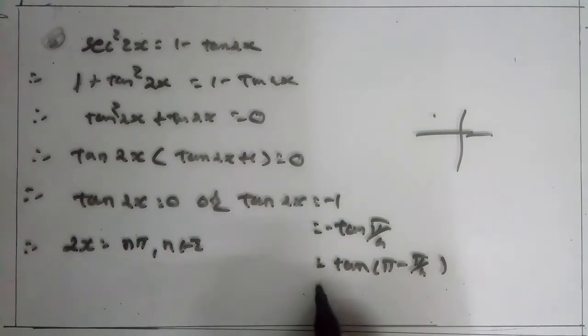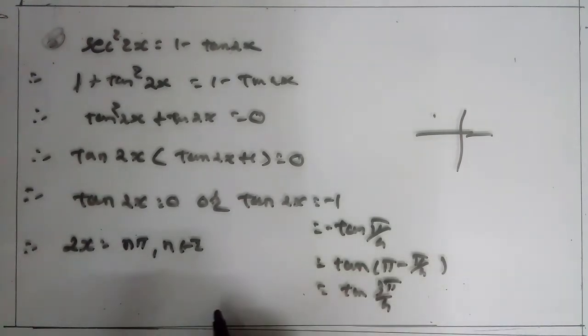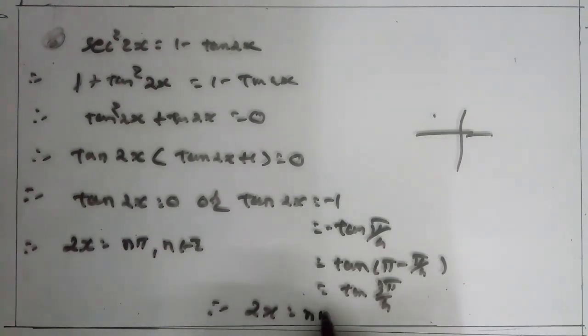Clear? So tan pi minus pi by 4 becomes tan of 4 pi minus pi, that is 3 pi upon 4. Clear this? So 2x is equal to, for the general solution of tan, n pi plus y, that is 3 pi upon 4.